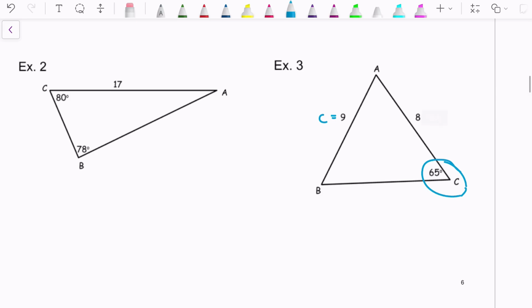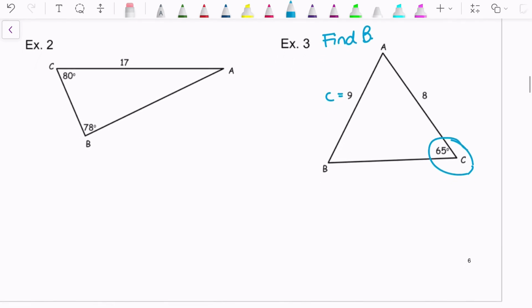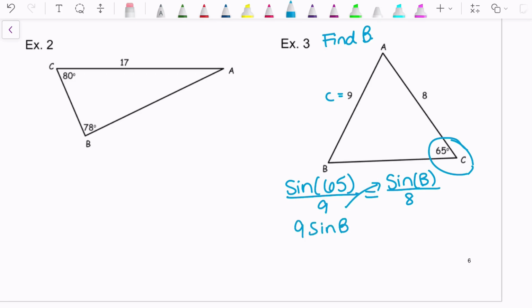Let's say I wanted to find big B. So I'm going to do the sine of 65 over 9, because that's the pair that I have, angle over its side, is equal to the sine of angle B over 8. And then I'm going to do the same thing where I cross multiply. 9 times the sine of B is equal to 8 times the sine of 65.